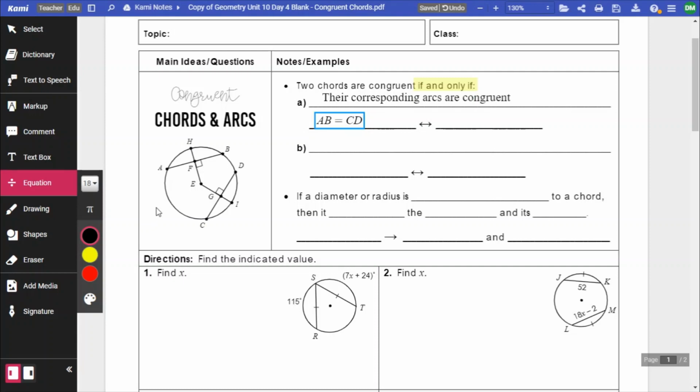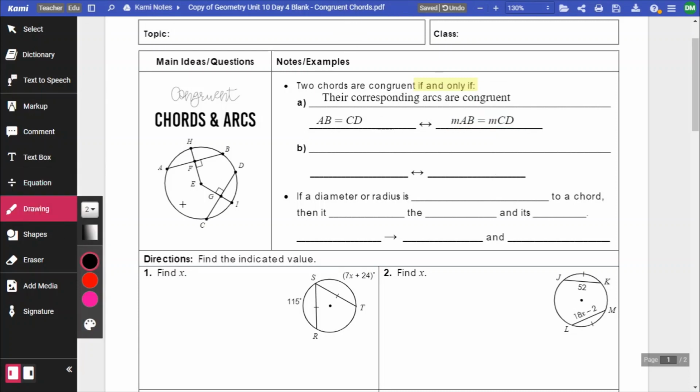The length of AB is equal to the length of CD if and only if the measure of arc AB is equal to the measure of arc CD. And Cami doesn't have an arc tool, so let me just get that on there real quick. So the measure of arc AB is equivalent to the measure of arc CD.